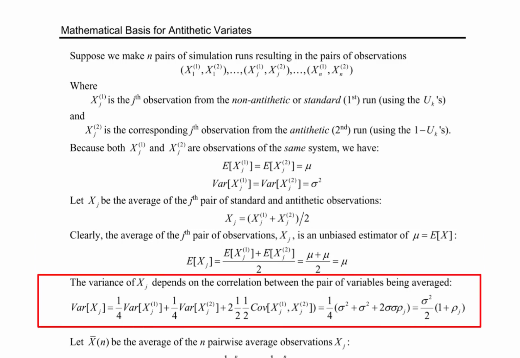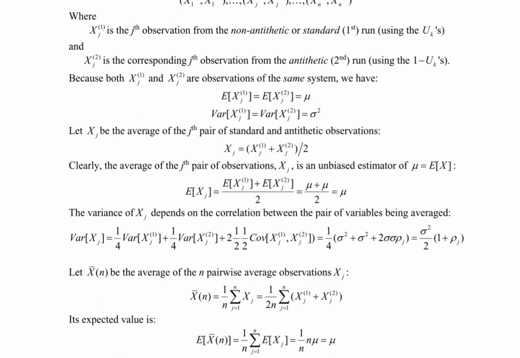The variance of x_j depends on the correlation between the pair of variables being averaged. That is, the variance of x_j equals sigma squared over 2 times 1 plus rho_j, where sigma squared is the variance of the system and rho_j is the correlation between the two observations, x_j1 and x_j2.